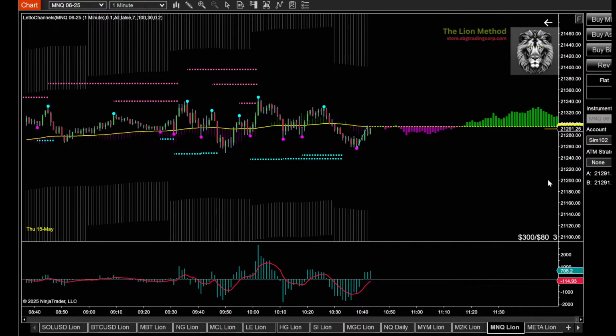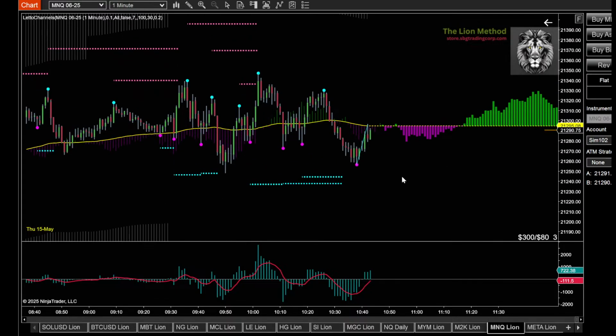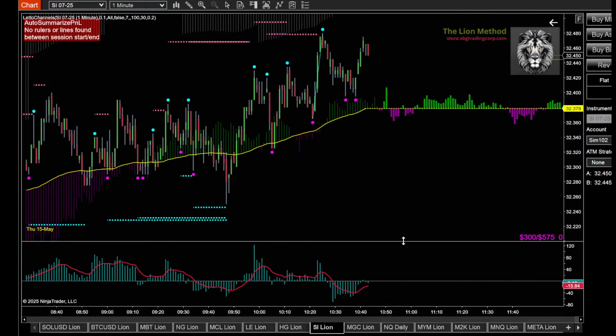NASDAQ is just not a volatile morning. It is sideways. I think they're digesting a lot of that news. So trend might occur, might pick up in the afternoon.